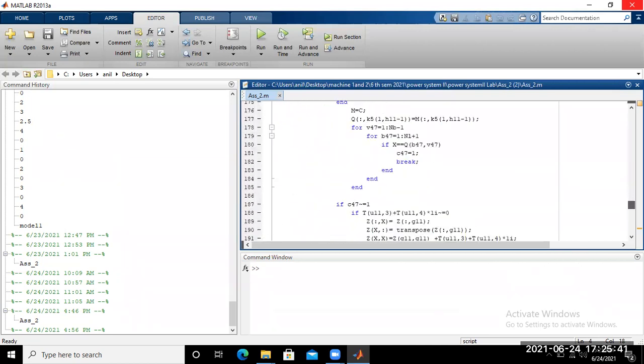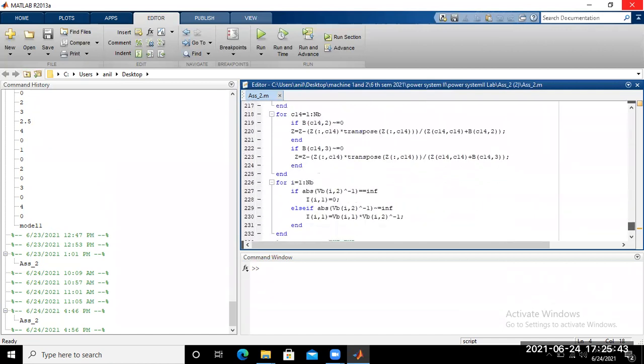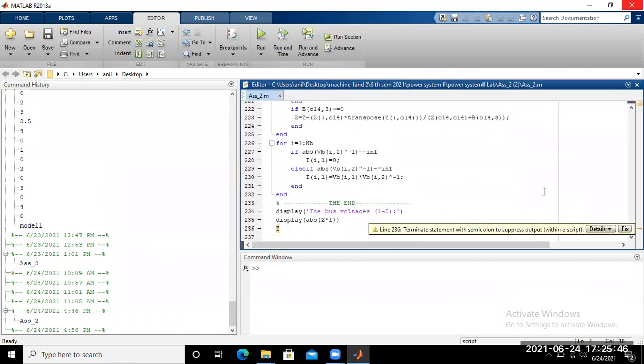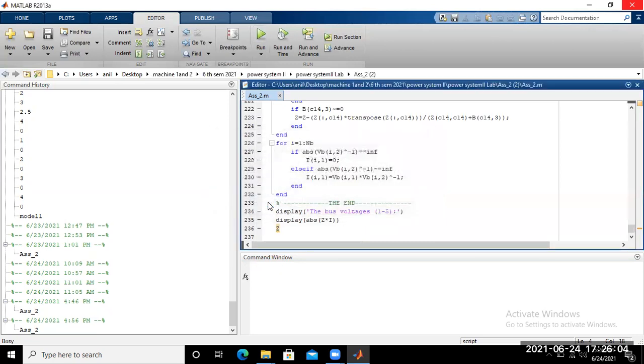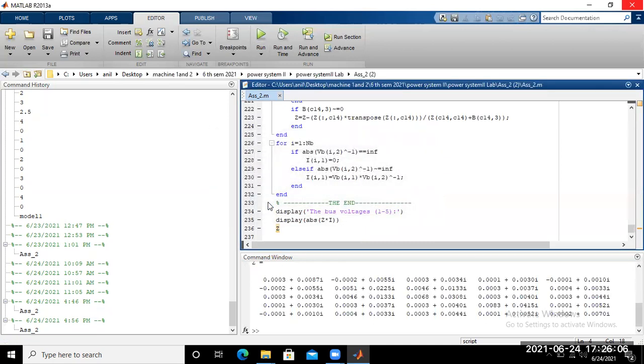So if we run this program, you will obtain the value of the impedance matrix.